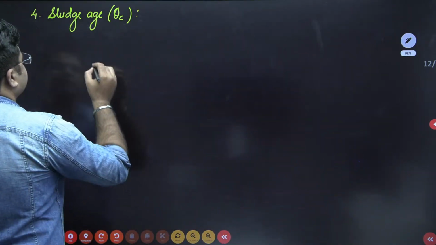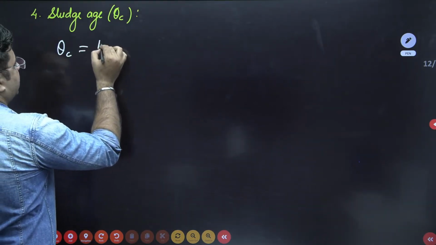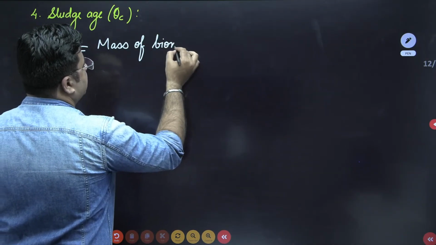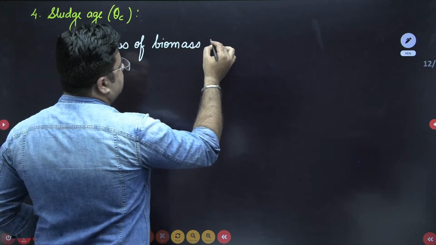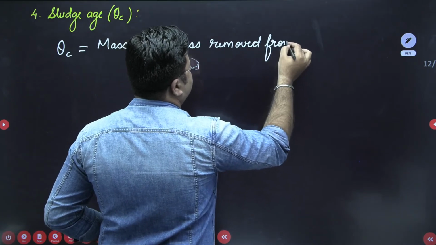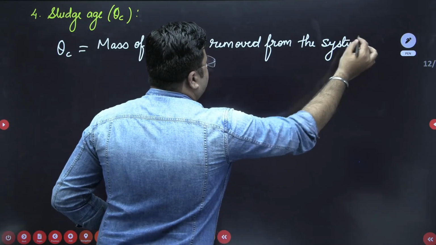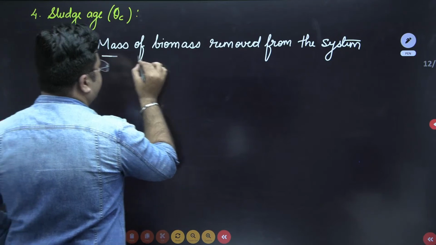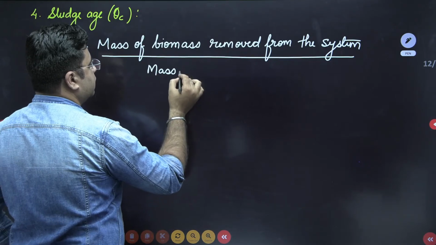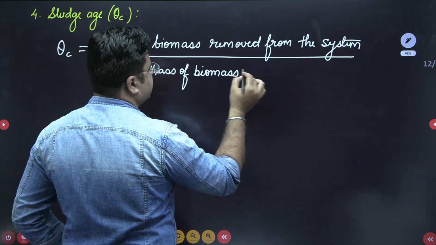So sludge age theta C is defined as the mass of biomass, or amount of biomass, whatever you feel like, mass of biomass removed from the system per day divided by mass of biomass present in the aeration tank.